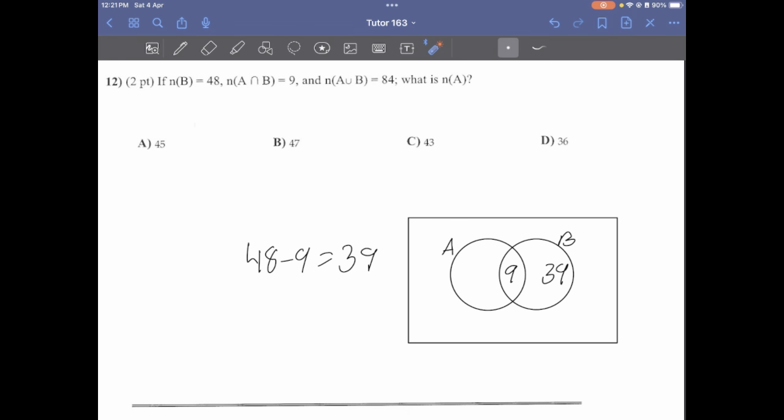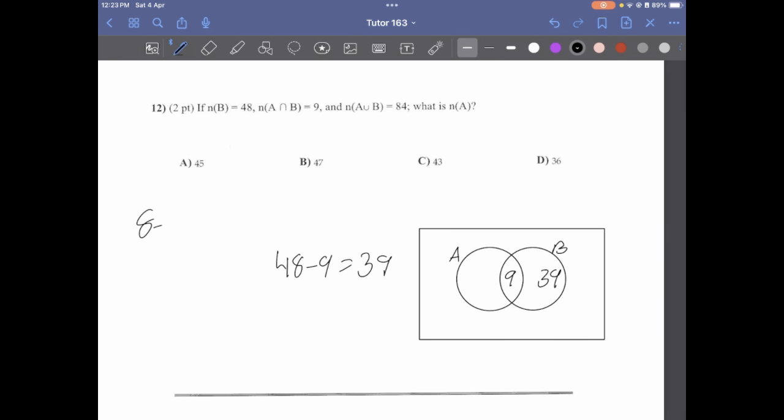Right? So now I'm going to subtract this 39 from 84 to see how much is in A. 84 minus 39 equals 45, right? This is an A total, right? But if you wanted to actually continue to represent that in a graph, you'd have to subtract this 9 again. 45 minus 9 is 36.